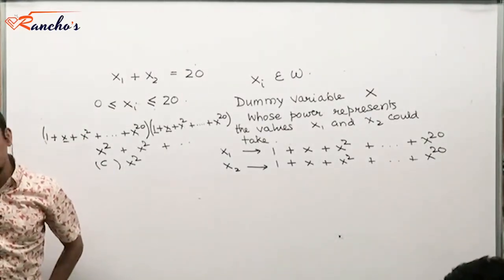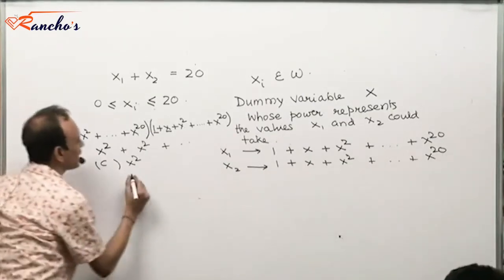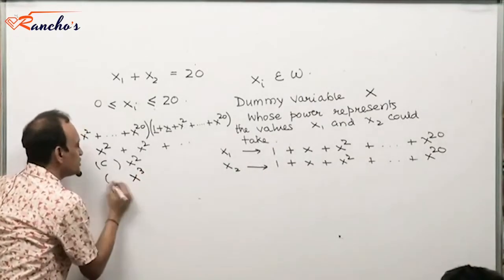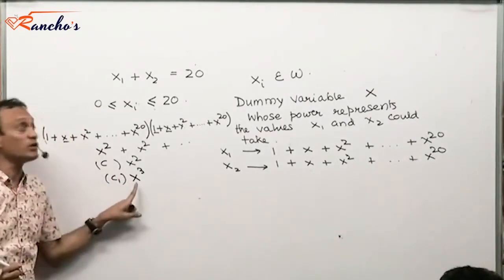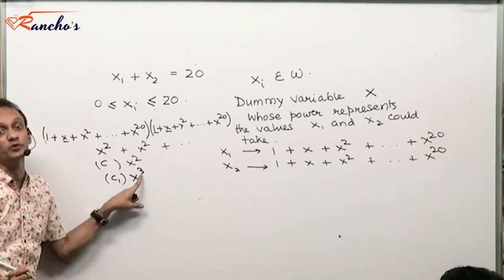Confused? No? So if I have something like x cubed featuring with a coefficient C1, then this C1 is the number of ways in which x1 and x2 add up to 3.